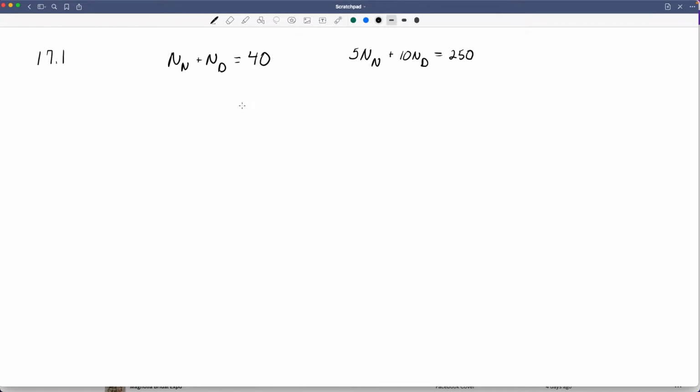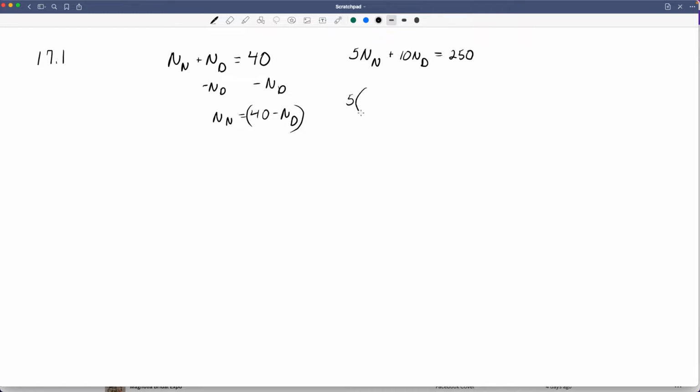So I can do this one of two ways. I can use elimination or I can use substitution. And I think I'm going to do it both ways just to show how you can do that. So I'm going to subtract the number of dimes from both sides. And I have the number of nickels is equal to 40 minus the number of dimes. And that is the value I'm going to use to substitute in for the number of nickels here, because that's what the number of nickels equals.